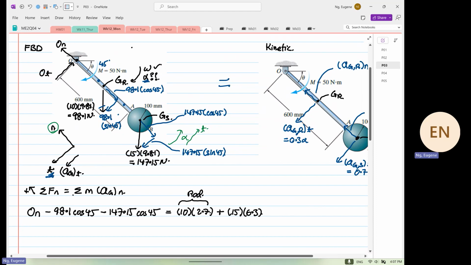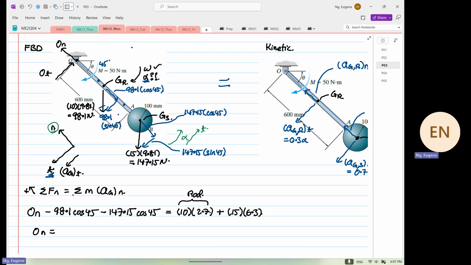So to tidy things up, ON is equal to 98.1 times cos 45, which is 69.367, plus 147.15 times cos 45, which is 104.051, plus 15 times 6.3, which is 94.5.